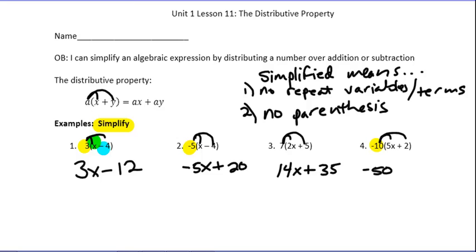And then the next one, keep in mind, that was positive right there. And then I have a positive 2x when I distribute to the next one. So I have negative 10 times positive 2. That's going to give me a negative 20. And I noticed I forgot something in my multiplication over here. I may have said it, I'm not sure.